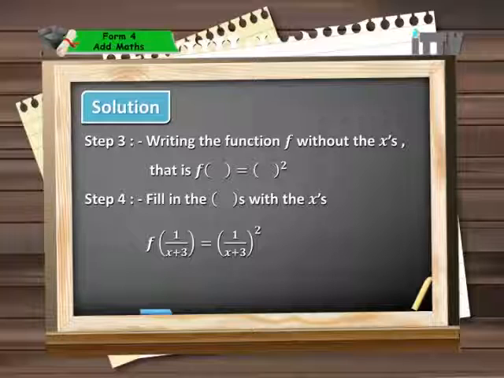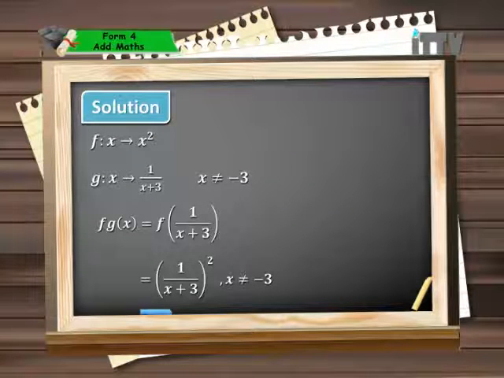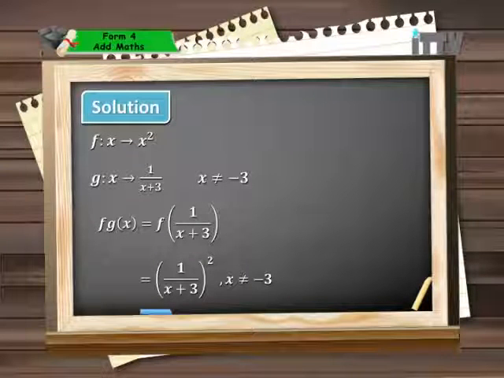And in this case, if you refer back to step 2, the x value that was being used was 1 over x plus 3. So replace that expression into the brackets, giving us f of 1 over x plus 3 equals the square of 1 over x plus 3. Hence, the function f of g(x) is equal to (1 over x plus 3) squared.